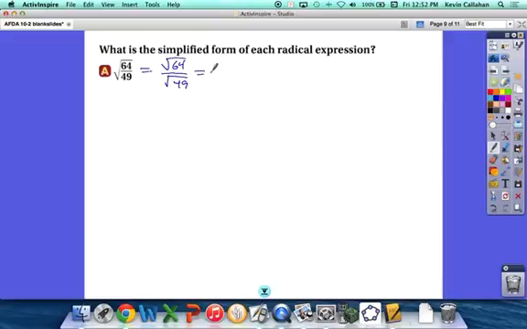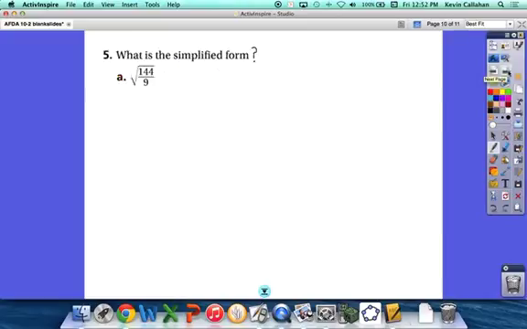And what would that be? The square root of 64 is 8. The square root of 49 is 7. You might just go right to that step, and that would be fine. How about this one?